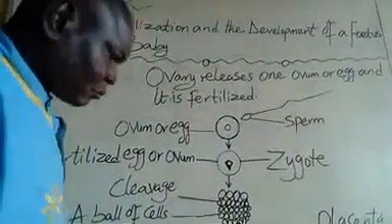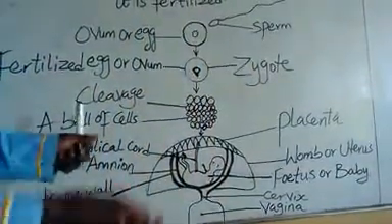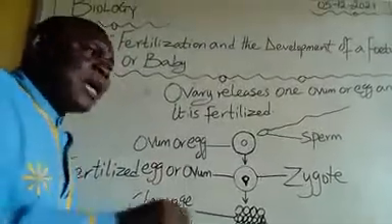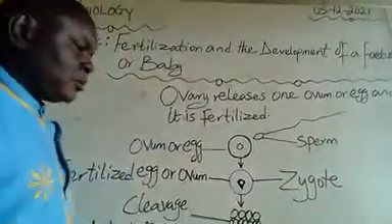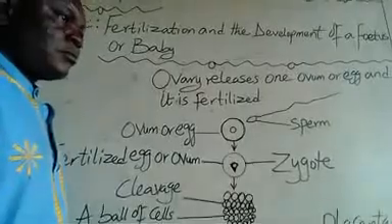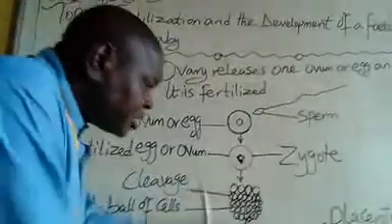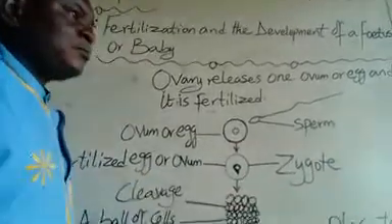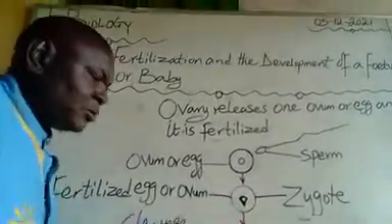Okay. We have vagina. Vagina is an organ that is used for sexual intercourse. It is used for urination. It is used for menstruation.